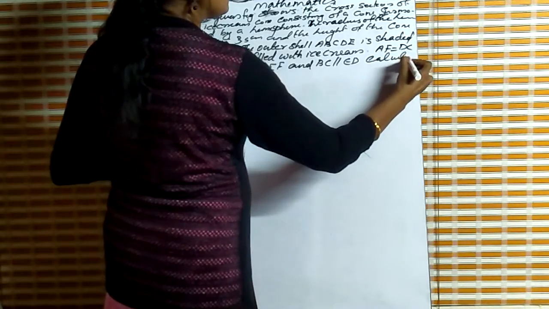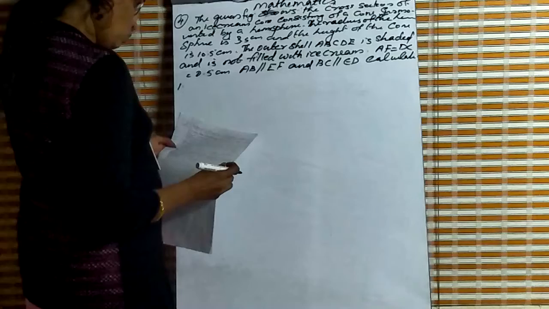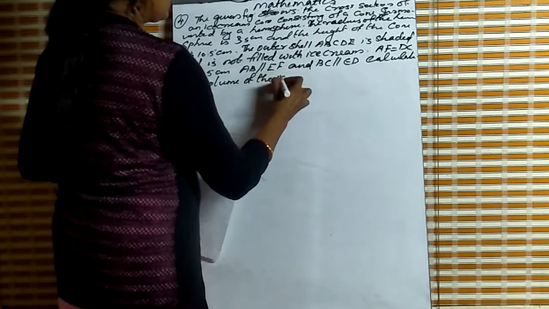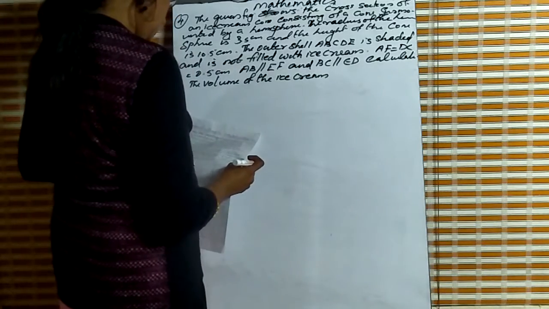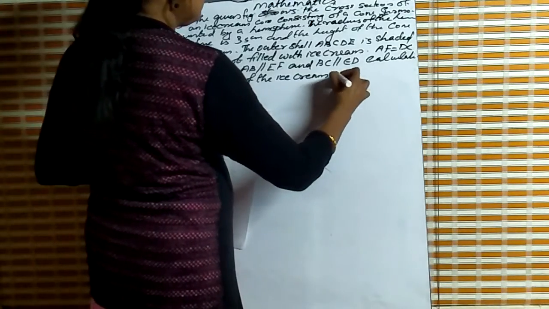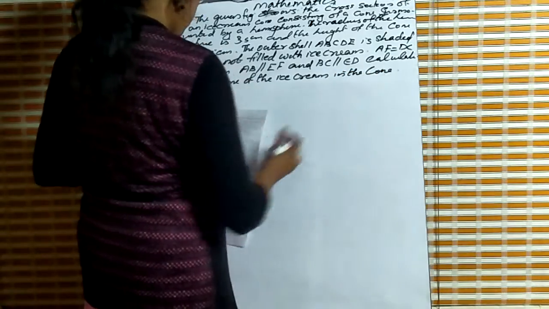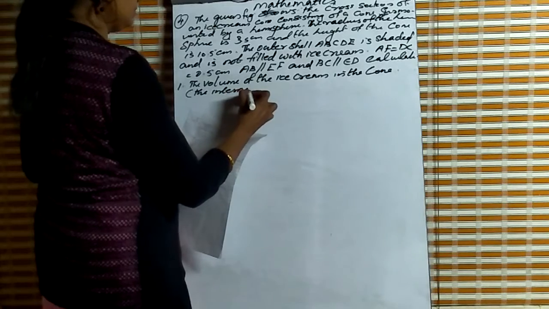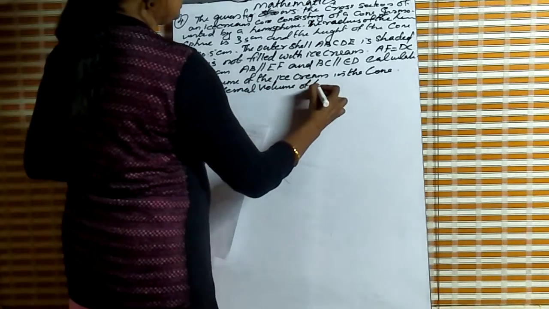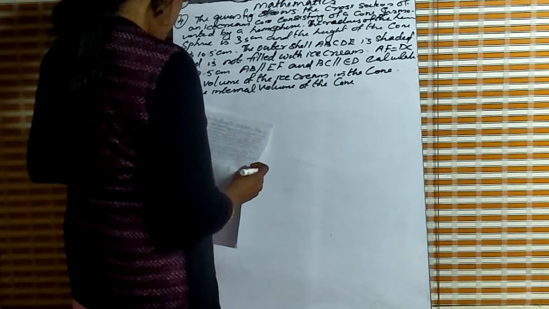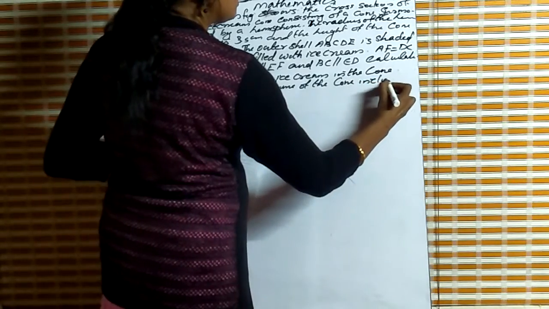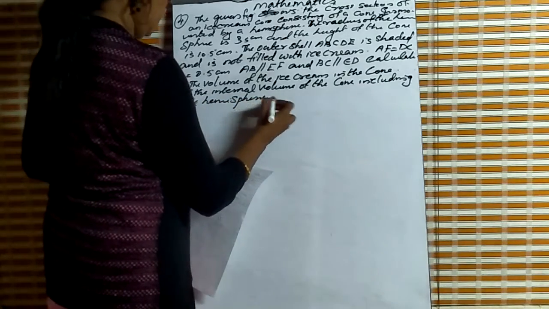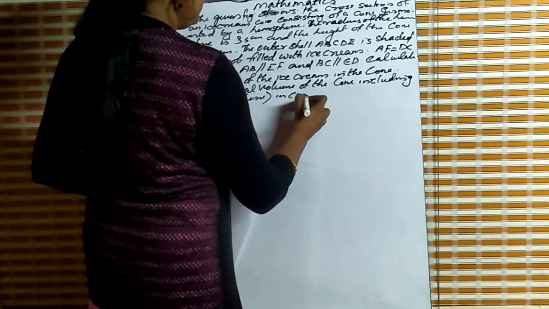Calculate, 1: the volume of the ice cream in the cone, the internal volume of the cone including the hemisphere, in centimeter cube.